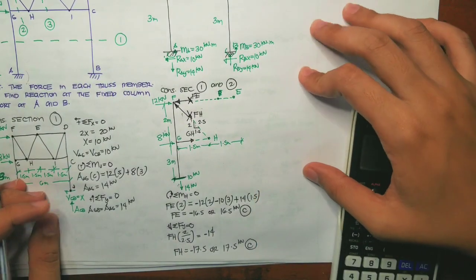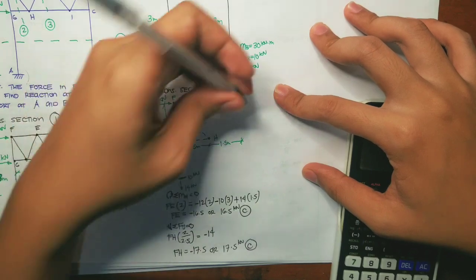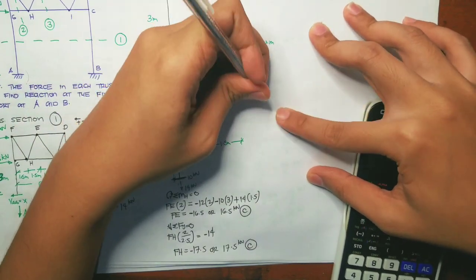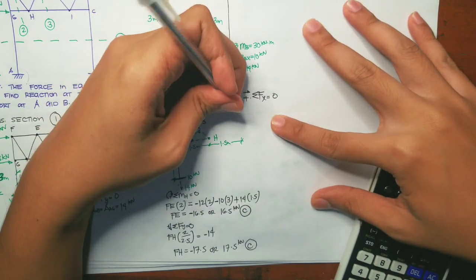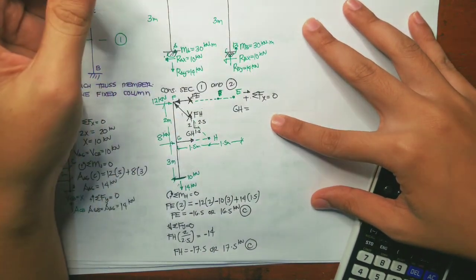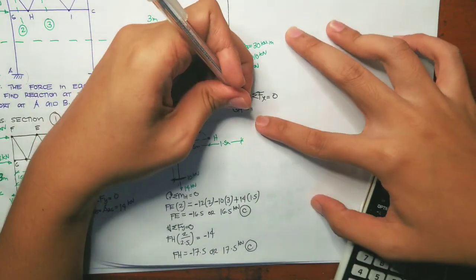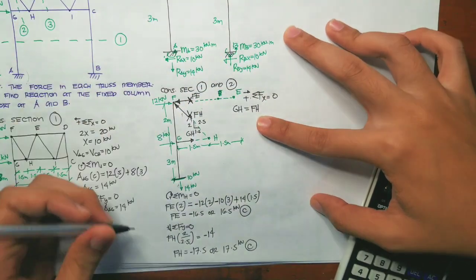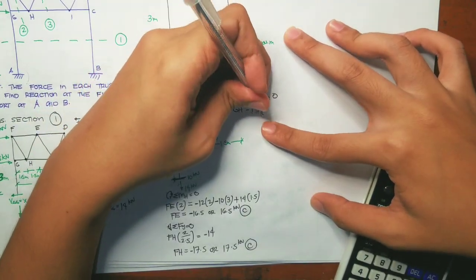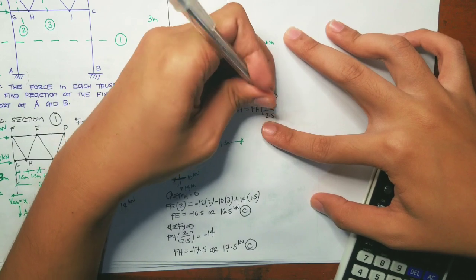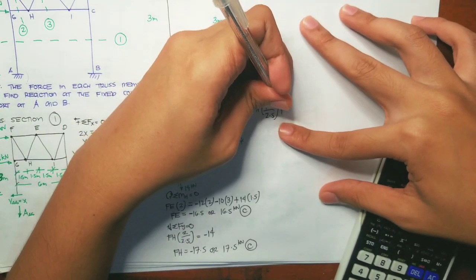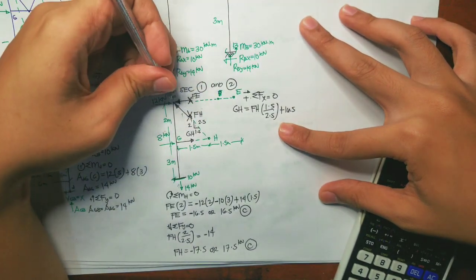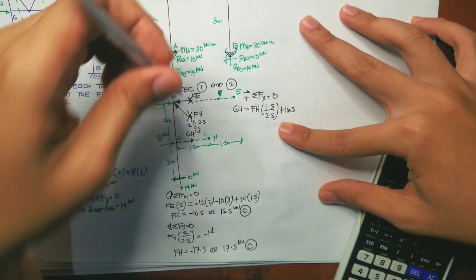Okay, so next, this time, to solve the value for GH, just take summation of forces X, assuming to the right as positive. So the equation will be GH is equals to, so FH, positive siya since papunta sa kaliwa, FH times 1.5 over 2.5, and then plus 16.5, ano pa ba?